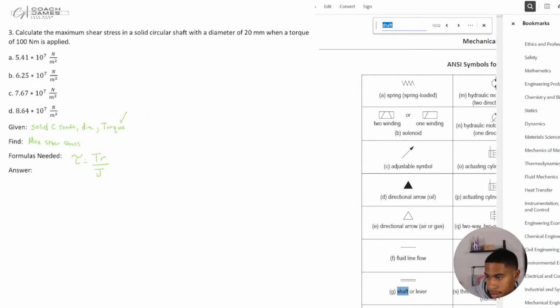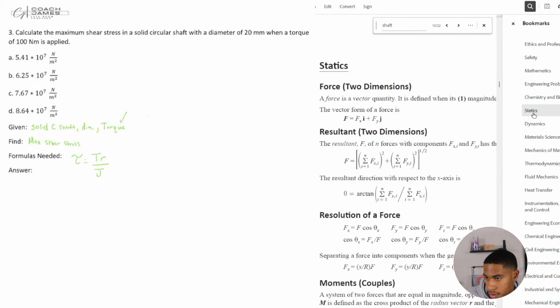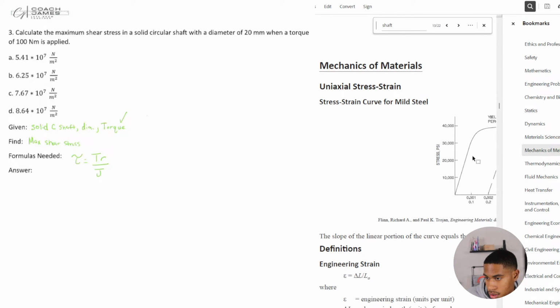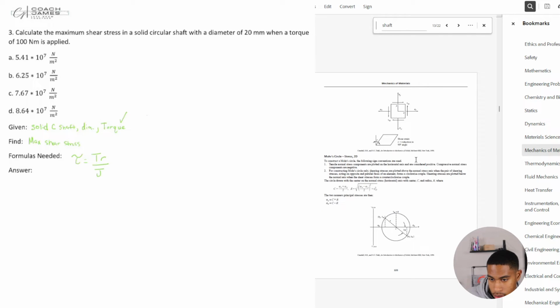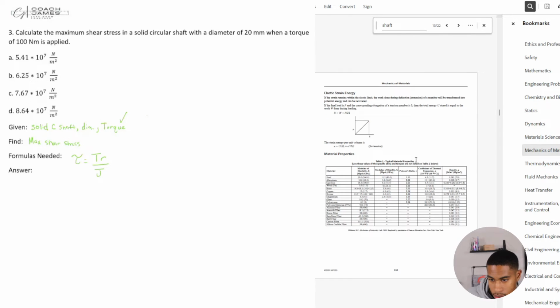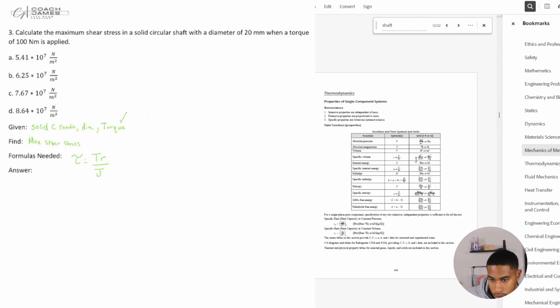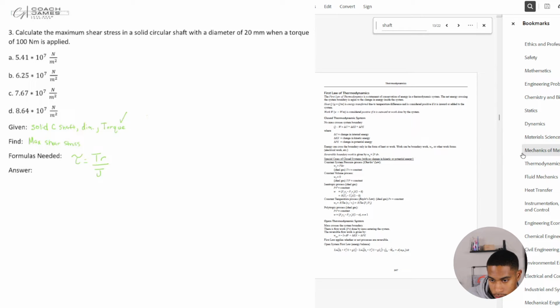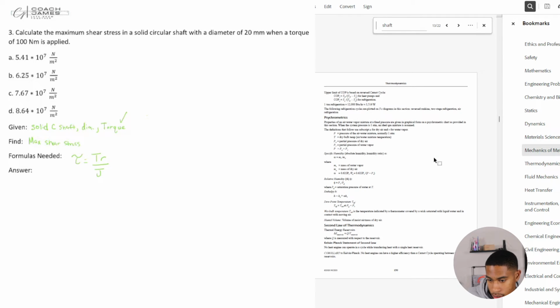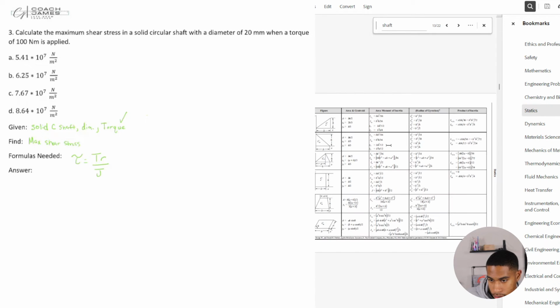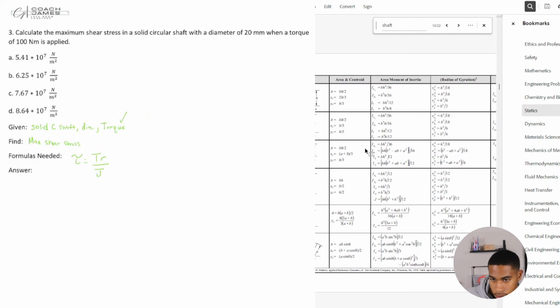I'm assuming it would be in mechanics of materials, maybe not. So try statics. Yes, statics.